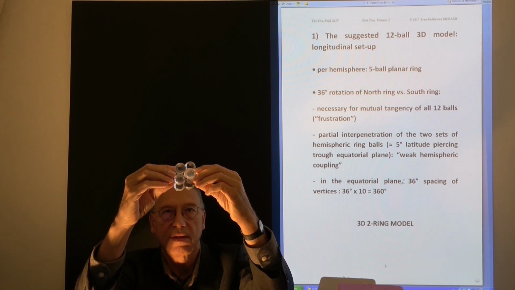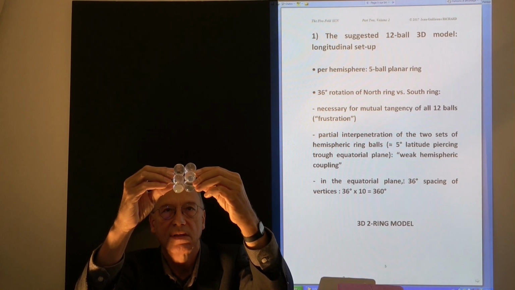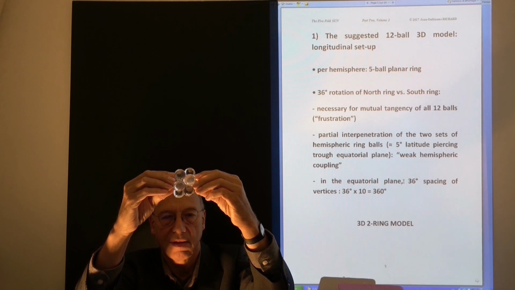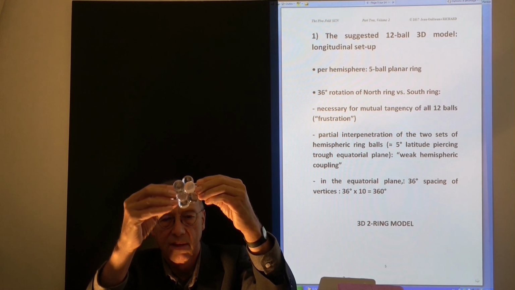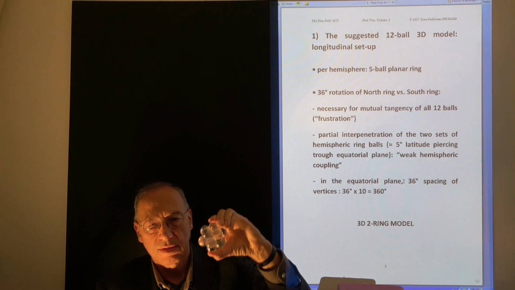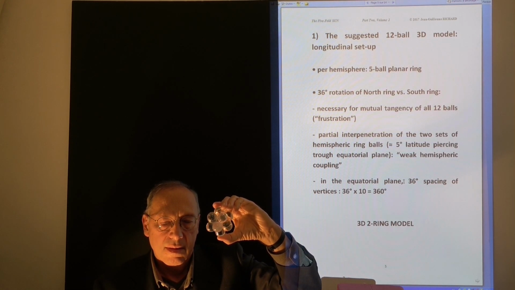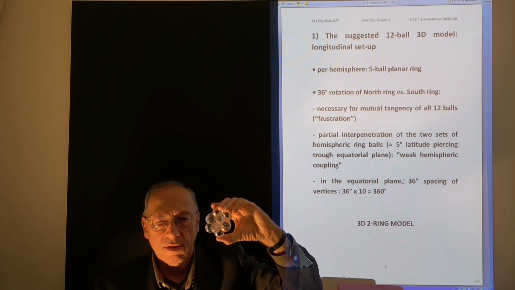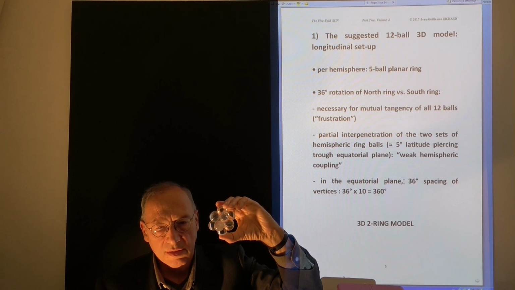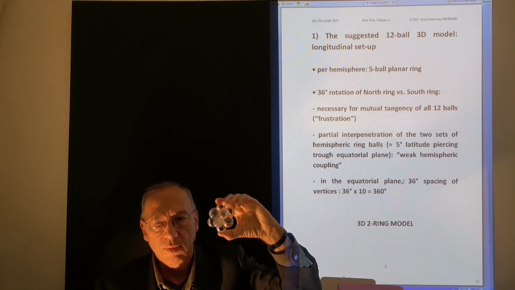This is achieved by this rotation, which is a 36-degree rotation. The 36-degree rotation involves the interpenetration of the 2 sets of hemispheric ring balls.